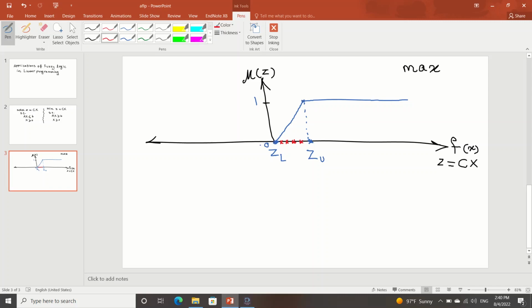And in the first place, we must write the membership function of this structure.